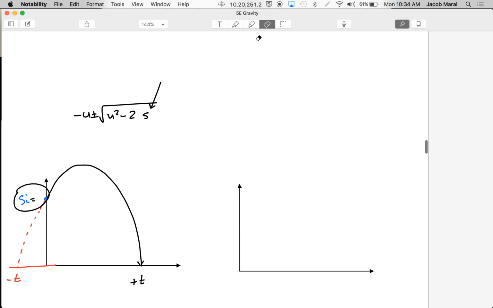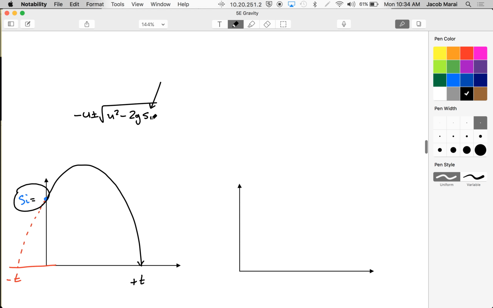Minus 2g s initial. Okay. We can still solve for it. The unfortunate thing is that now it doesn't simplify back to being just a nice equation, because now s is a value and we have to consider it. And if s is positive, then we get a double negative here, negative 9.8, blah, blah, blah. So you get a larger time in the positive realm.